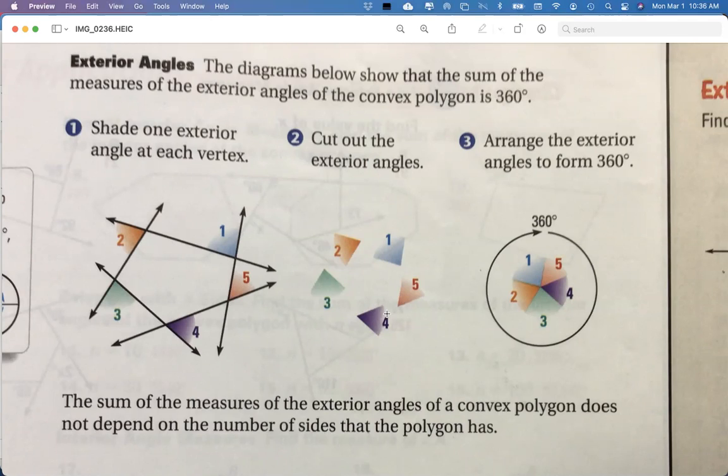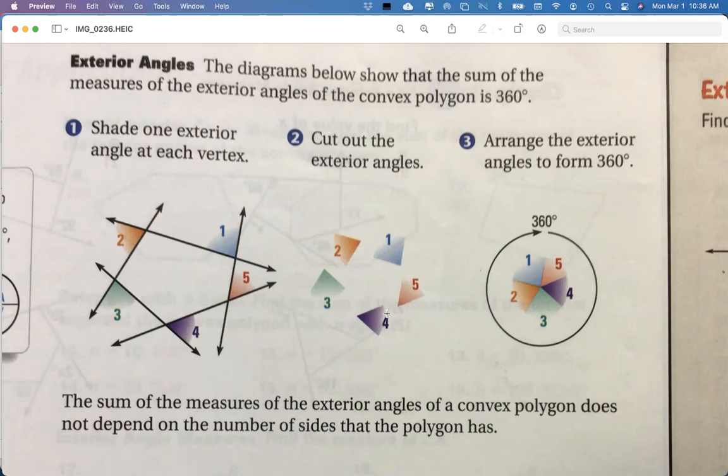So no matter how many sides you have, no matter what type of polygon you have, the exterior angles will always add up to 360 degrees. Always. Of course, that means the more sides you have, the smaller those angles are going to be, right? The fewer sides you have, the bigger those angles are going to be. Like a triangle has really big angles on the outside, doesn't it?